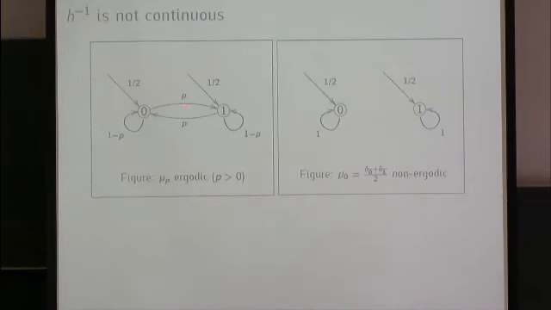If p is very small, you will get very long blocks of zeros and very long blocks of ones. When p tends to 0, the measure tends to this measure, where you have probability 1/2 of having only zeros and 1/2 of having only ones. This measure converges to that measure in the sense that the measures of cylinders converge, but the ergodic decomposition is not continuous.